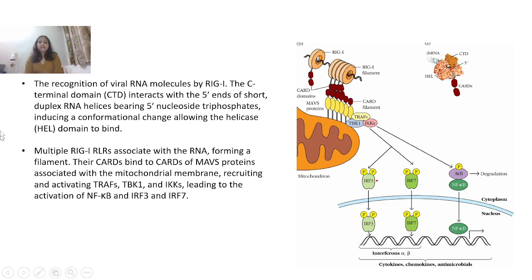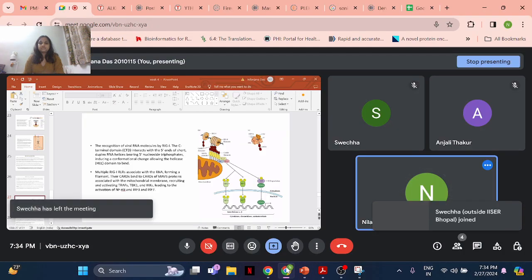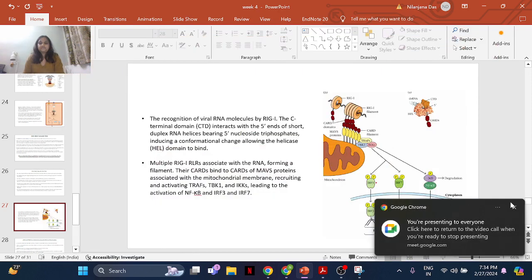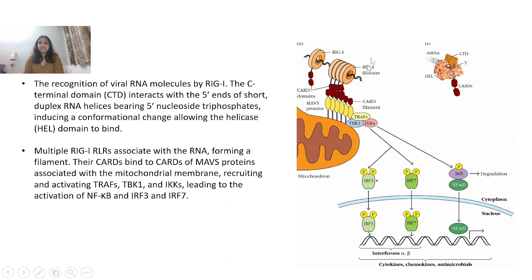Here we can see the signaling process by RLR or RIG-I. This is recognizing the 5' triphosphate present in the virus. There are different domains here you can see.